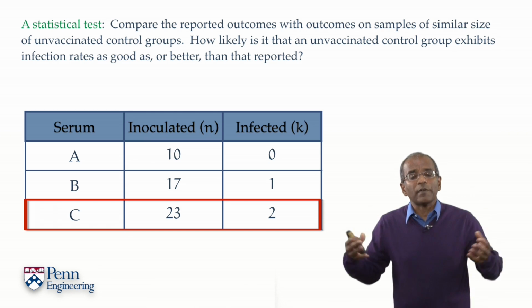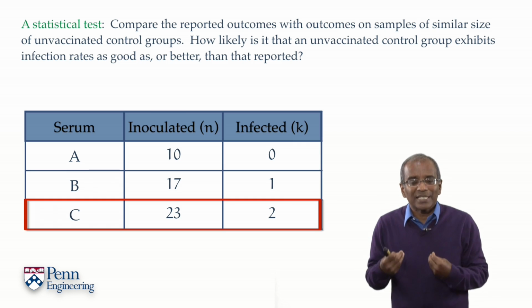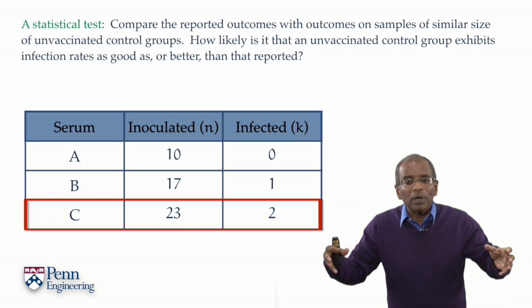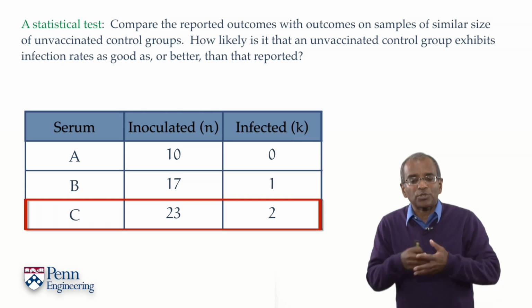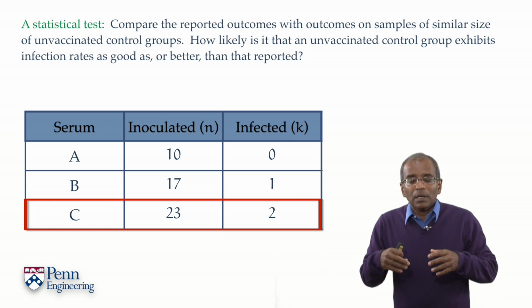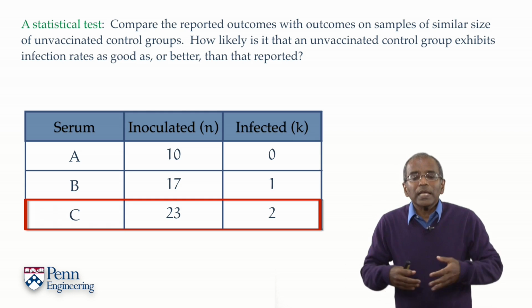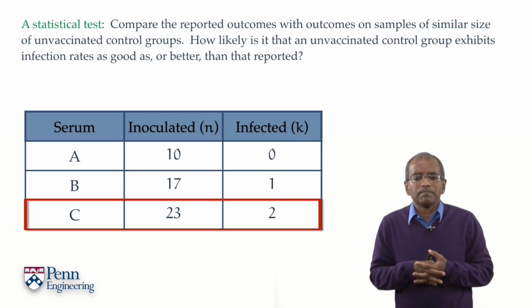If at the end of the observation period 2 or fewer cows get sick, then we have results for the unvaccinated control group which are similar or better than those that were advertised by serum C. If more than 2 cows get sick, then the unvaccinated control group has worse outcomes.